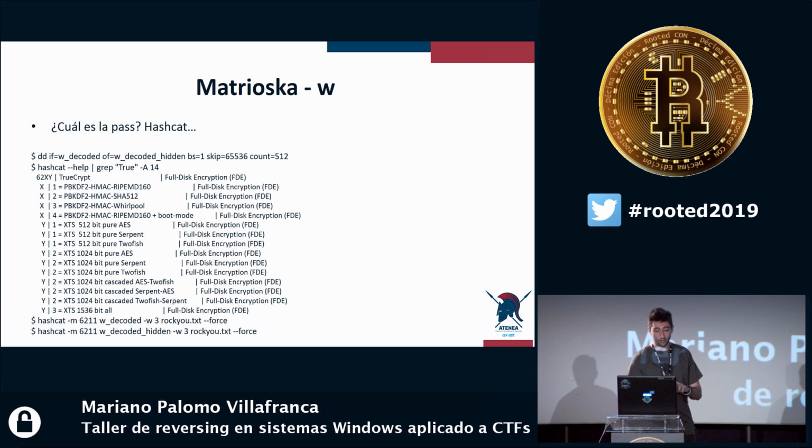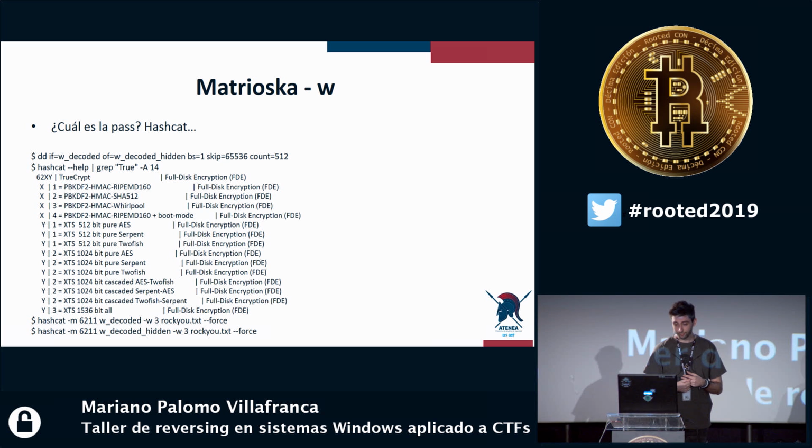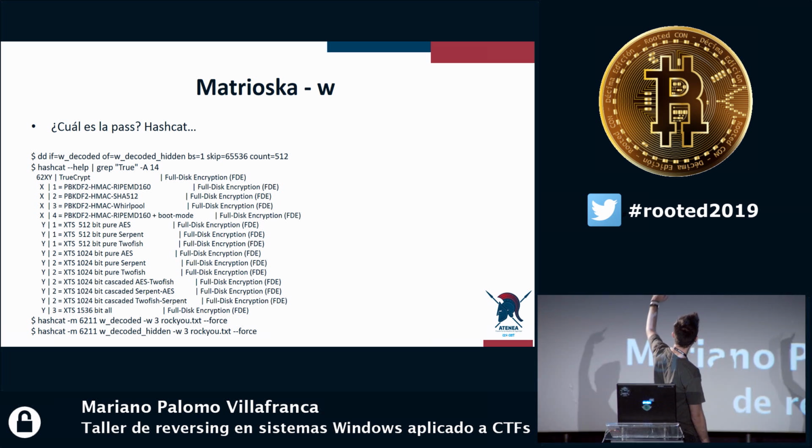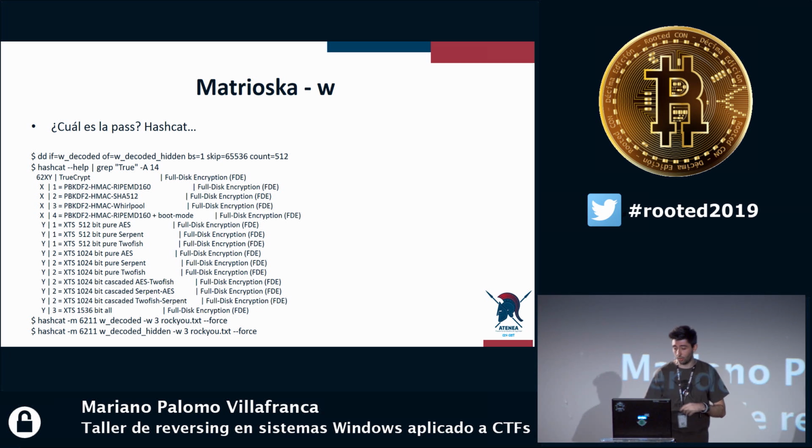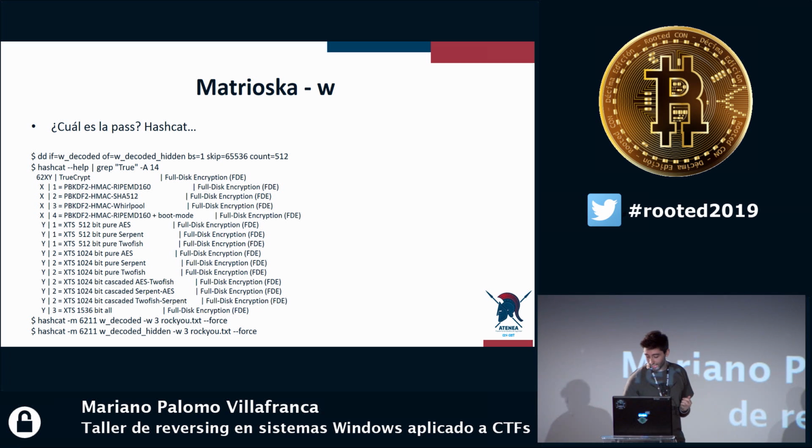And the way to calculate hashes is such that you have to skip the first 65,536 bytes, and then for the next ciphering, you start with the 6211, which is this one, and then the other one goes to the hidden, and then the normal one, and you run this, and you run RootedCON.